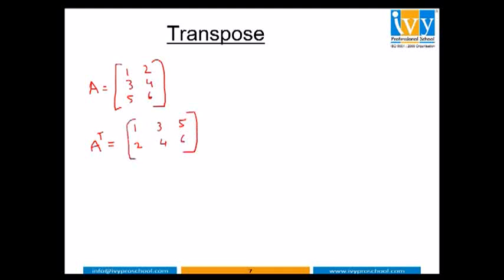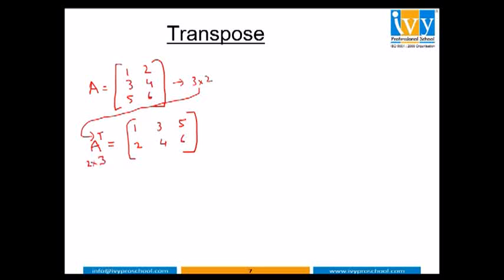So let me explain this a little further. This is nothing but a 3 cross 2 matrix, right? So when we transpose, just like the meaning of the English word, we switch over its dimensions to 2 cross 3.